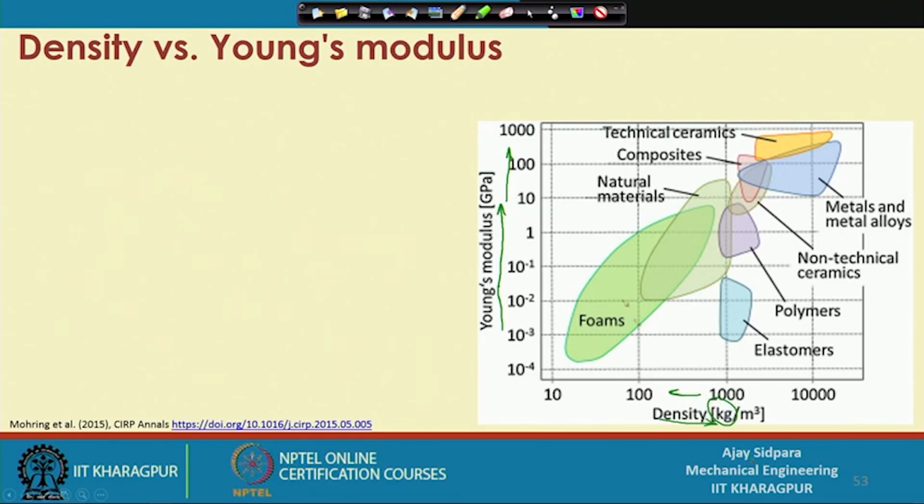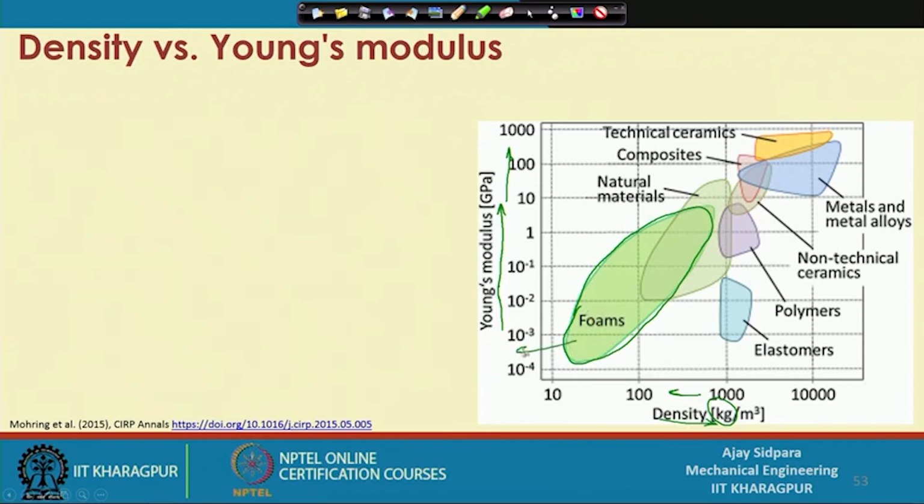To get both the things, it is very difficult to find one particular material which will fulfill all the requirements. If you see this particular thing, foam occupies a large amount of area, because foam has a very small Young's modulus; it is something like a rubber or elastomer kind of thing.